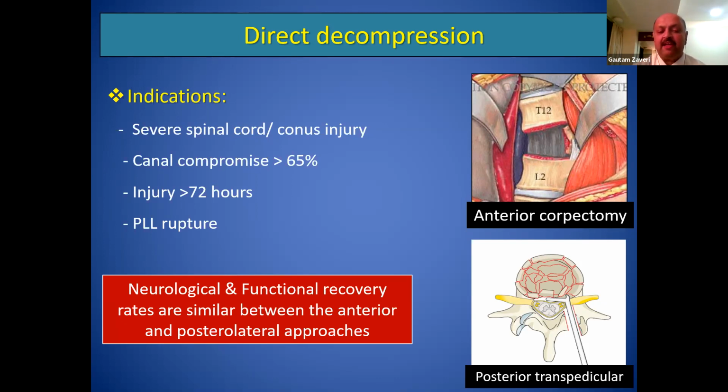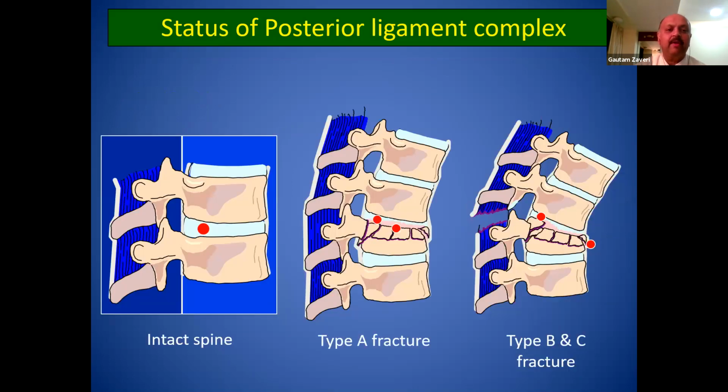Now, it has been clearly shown that the neurological and functional recovery rates are similar between the anterior and the posterolateral approaches for decompression. What about the status of the posterior longitudinal ligament or the posterior ligamentous complex?